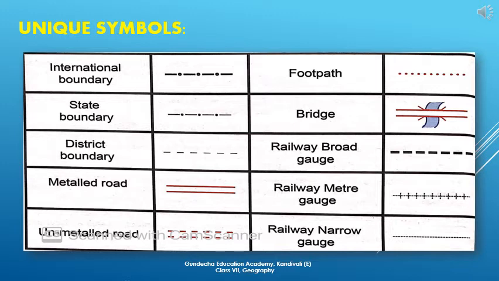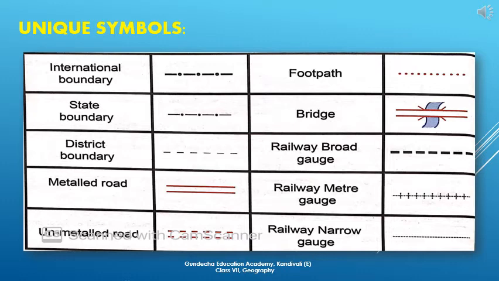Railway gauge means the space between the rails of railway tracks. In India, there are 3 kinds of railway gauges. They are broad gauge, meter gauge and narrow gauge. Broad gauges are those on which passenger and freight trains run. They have a distance of 1.67 meter between two tracks.